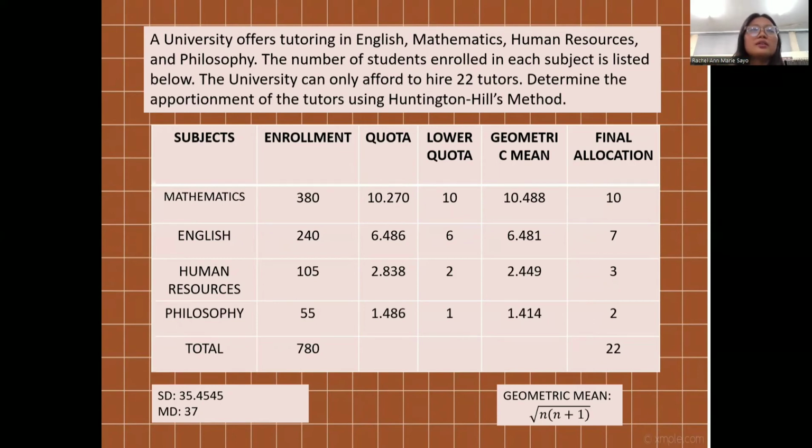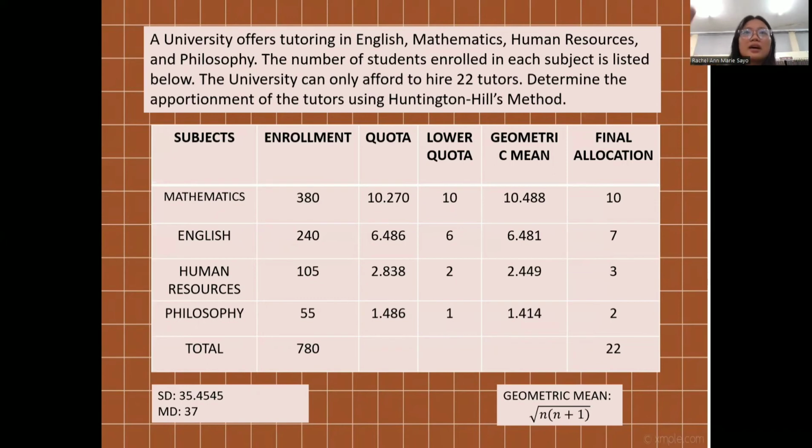Just like the previous topic, we have the same subjects: mathematics, English, philosophy, human resources. In the table, the data are shown for how many enrollees there are, and also the quota. Our standard divisor for this problem is 35.4545, and our modified divisor is 37.